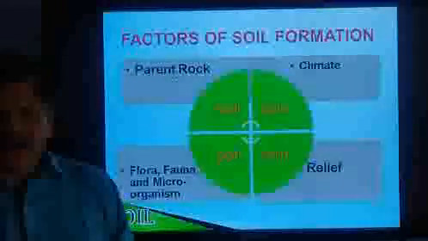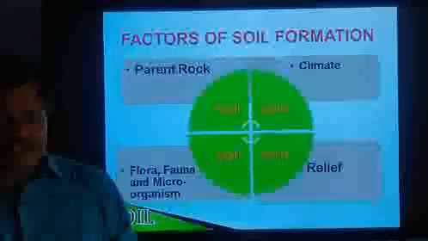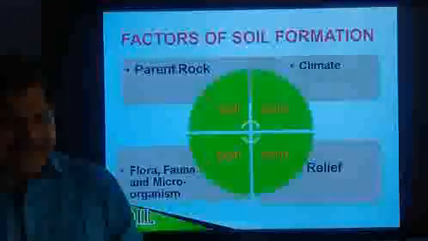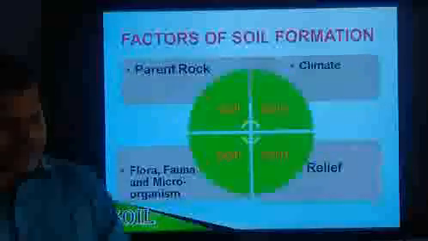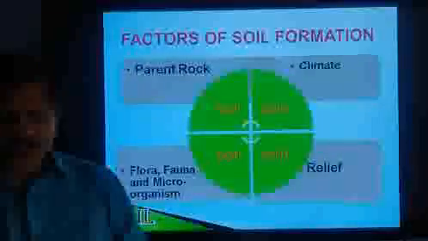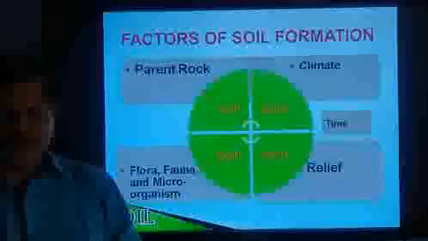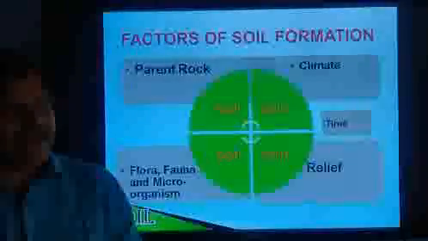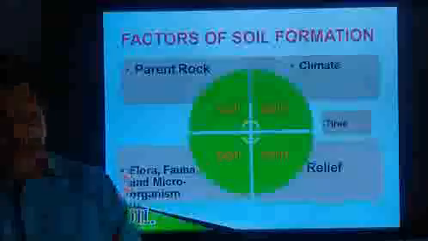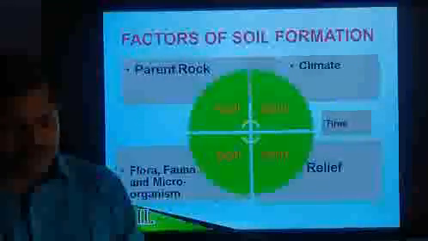First one is parent rock, from which soil is formed. Second is climate. Third is flora and fauna, microorganisms. Fourth is relief. And fifth is time. Time is most important because it is not a day-to-day activity. Soil formation requires years and years.